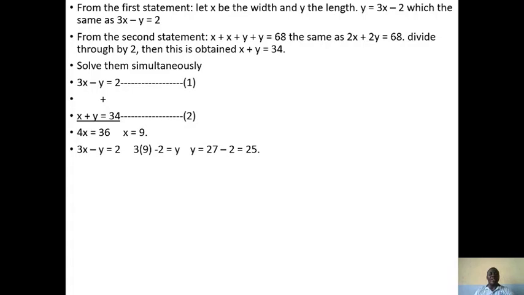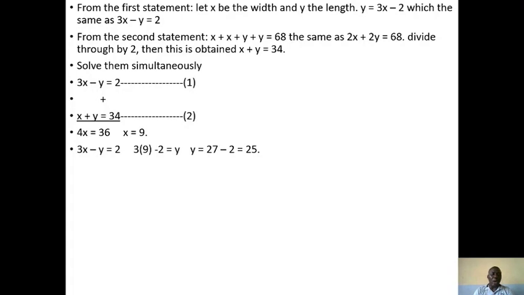So for us to solve them simultaneously, you compare the corresponding coefficients of x and y. Then you will adapt either to add the equations or to subtract the equations. Because the coefficients of y are the same but carry different signs, I'm adding the two equations. So adding the two equations, 3x plus x will give me 4x.